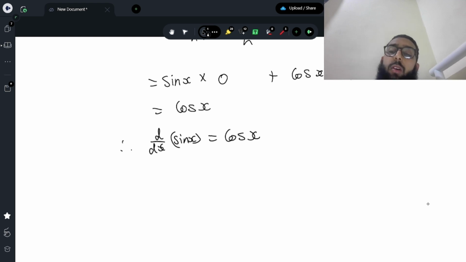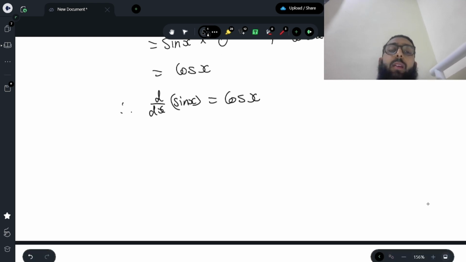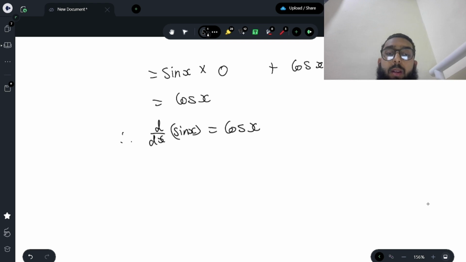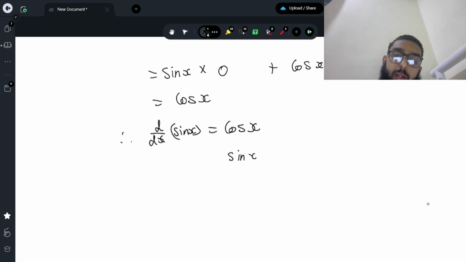And we can do the same for cos. And what we find, fascinatingly, is that sine is kind of a loop. Sine x will differentiate to give us cos x. Cos x will differentiate to give us minus sine x.